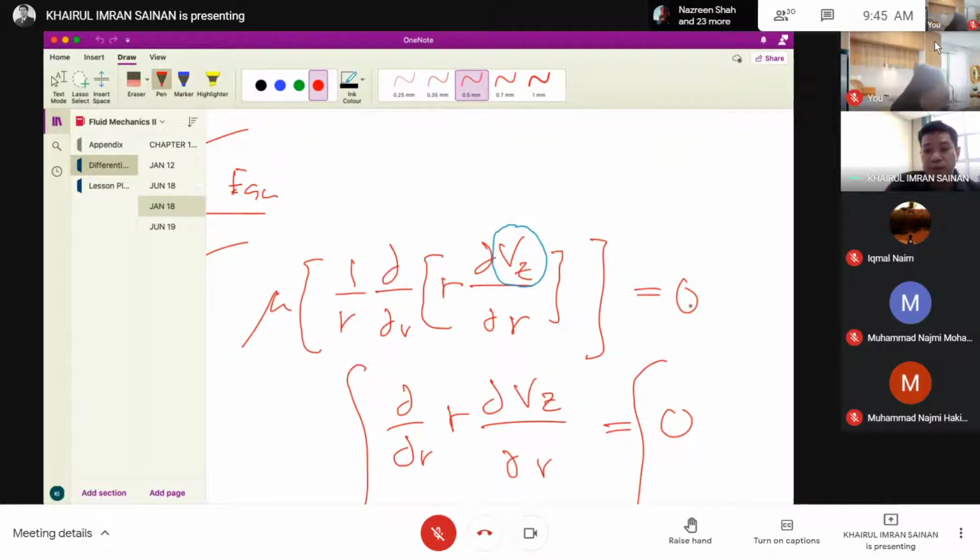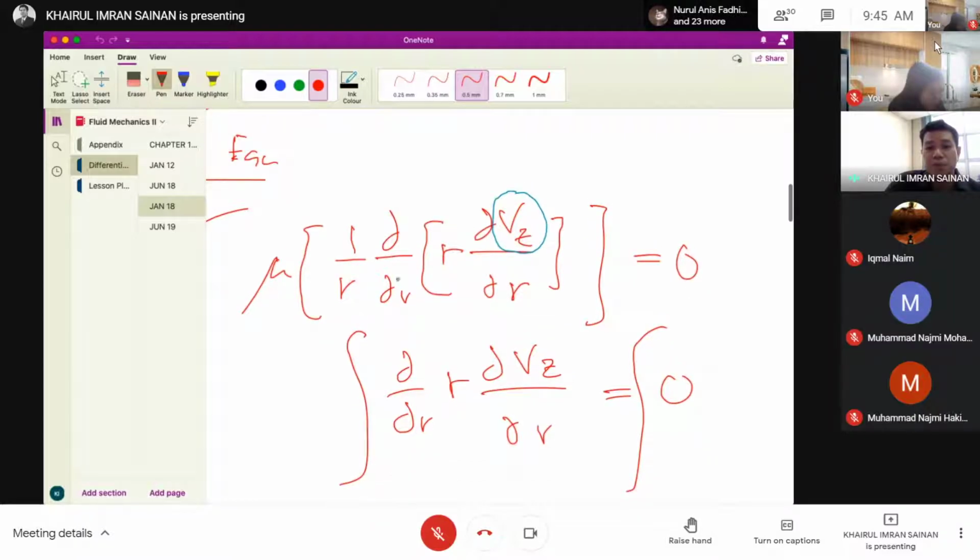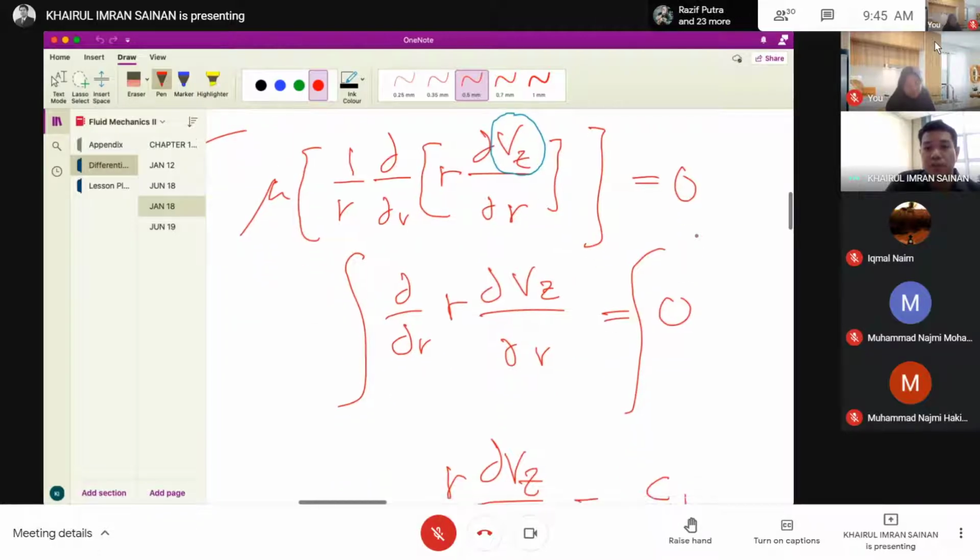Next, mu can be cancelled out. We put it to the other side, and even 1 over R also, so cancel out. So in the end, you are left with del over del R del Vz over del R equals to 0.